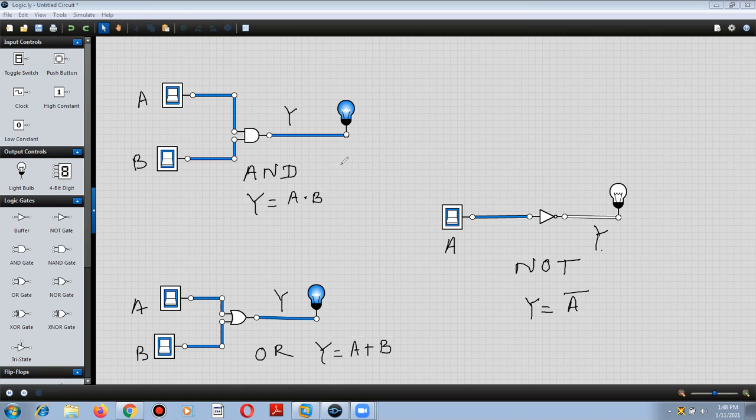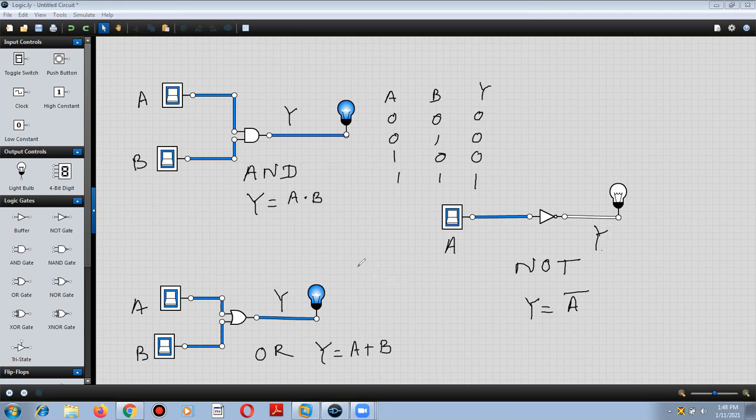As a summary, we can write down the truth table. For AND gate: 0 0, 0 1, 1 0, 1 1. In this case, y will be equal to product is 0, product is 0, product is 0, and product is 1.